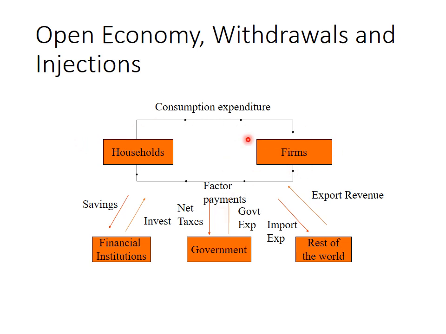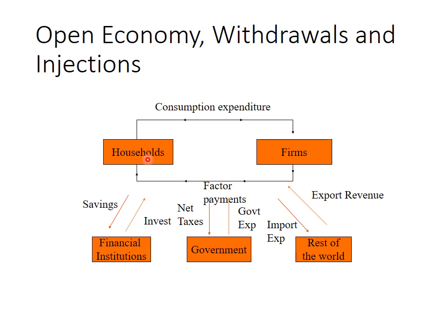When they tax the firm, firms have less money to maintain production. So all taxes are a kind of withdrawal. It withdraws income from the flow because when government taxes both households and firms, they have less to maintain production and less to buy.